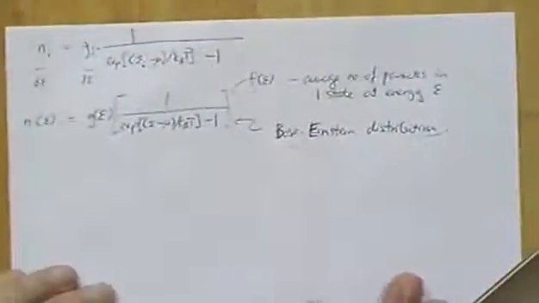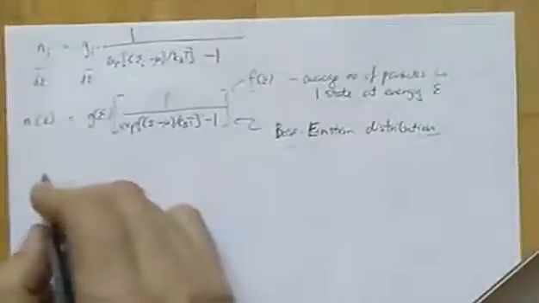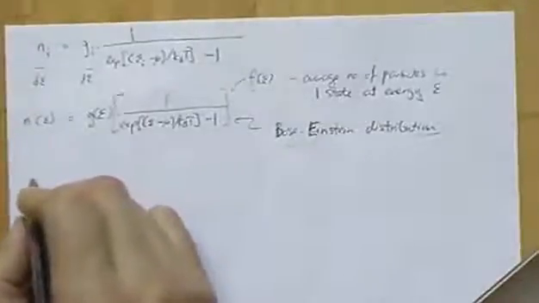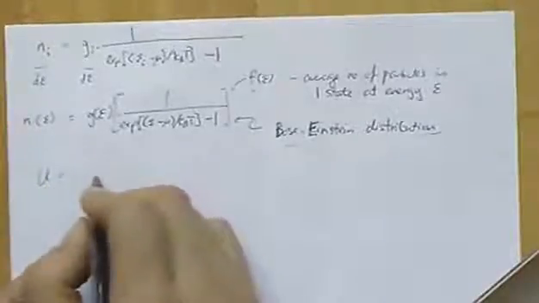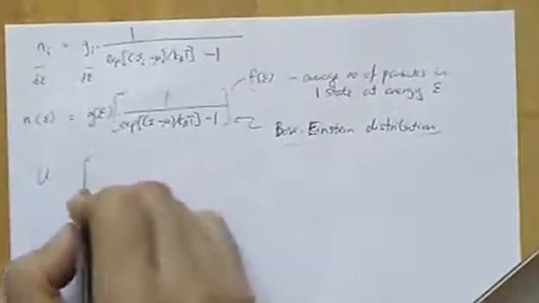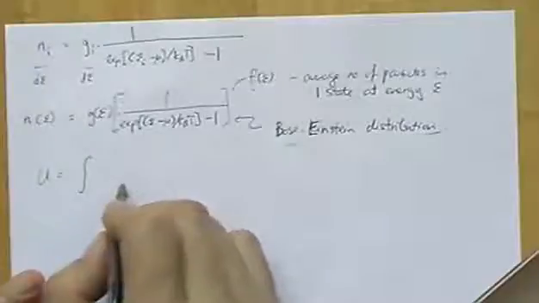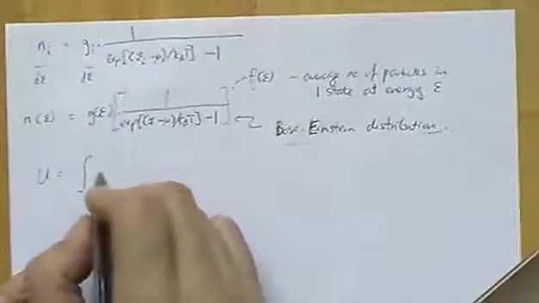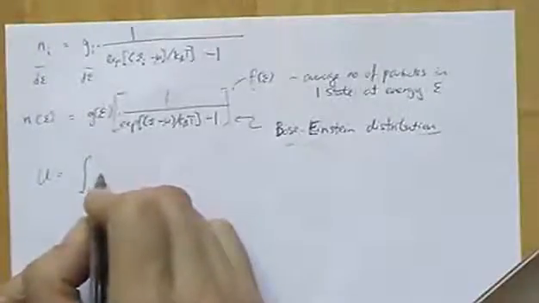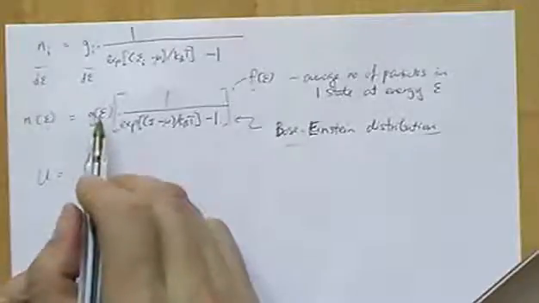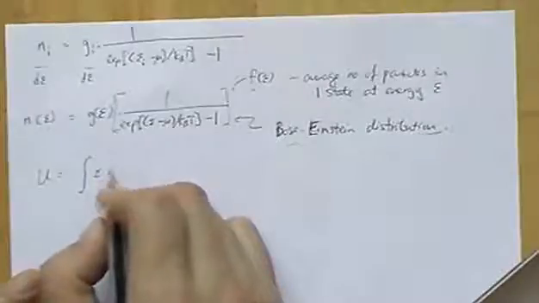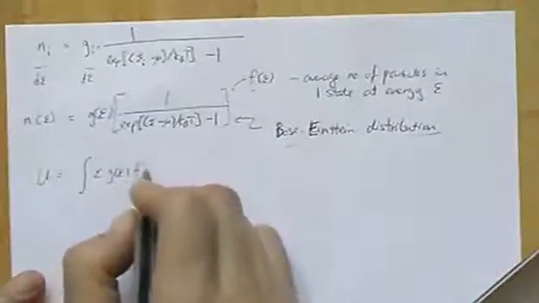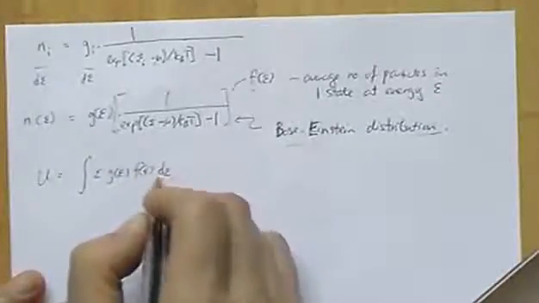Coming back here. So the U here, let's see what it looked like in its full glory. We know what it looks like. It's the integral of E, G(E), F(E), dE.